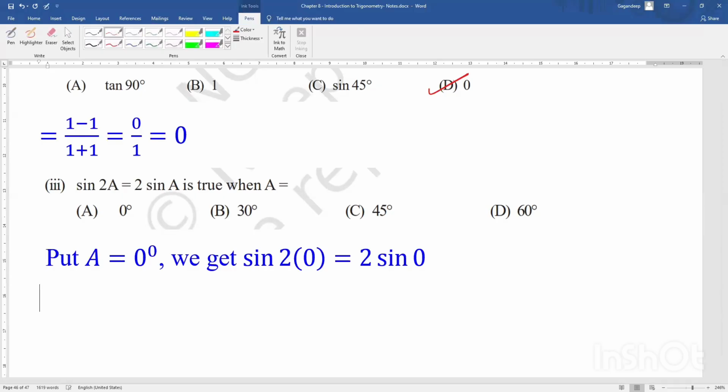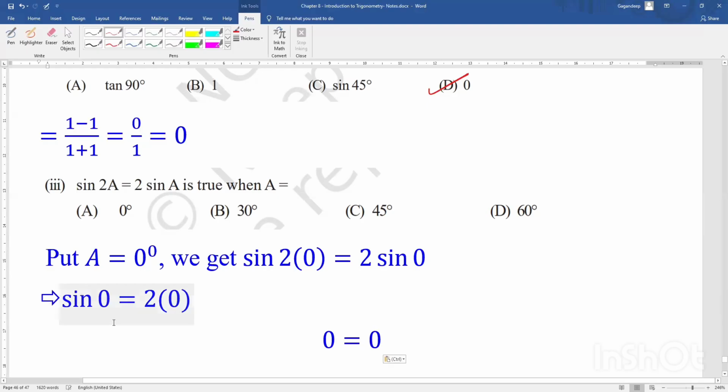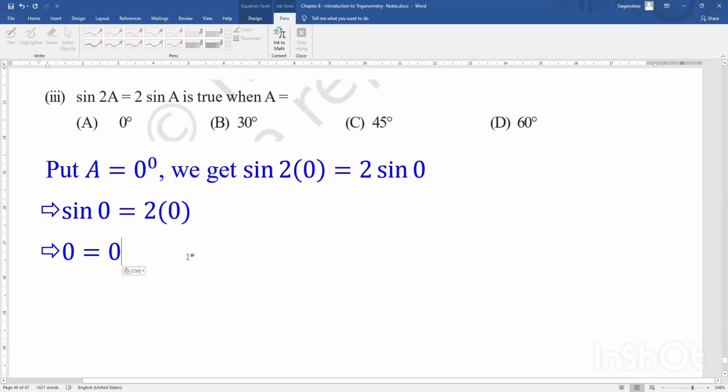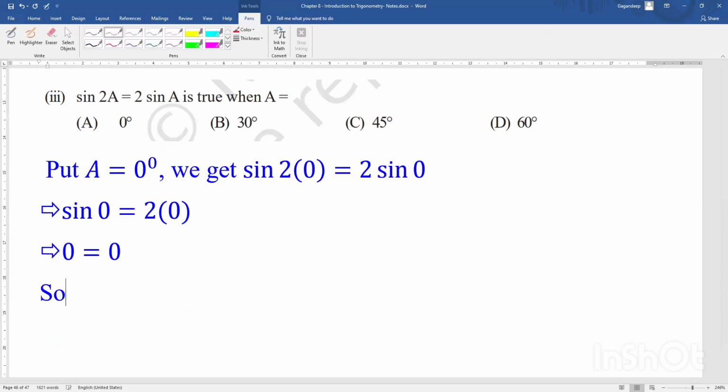And here this means we get sin 0 equals to 2 into 0, so sin 0 is 0. So that means we get 0 equals to 0. Okay. So that means our option A is correct.